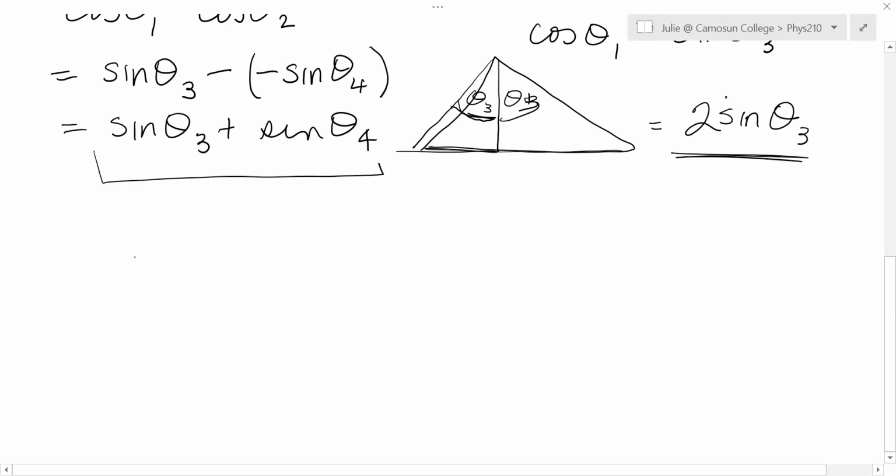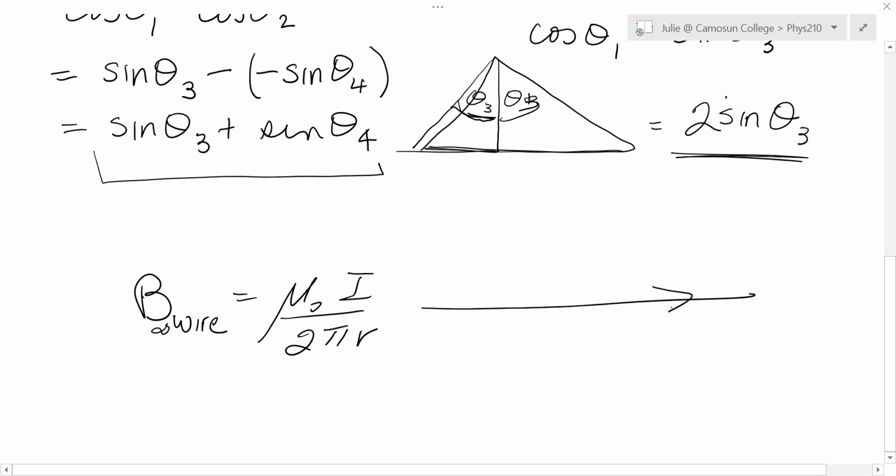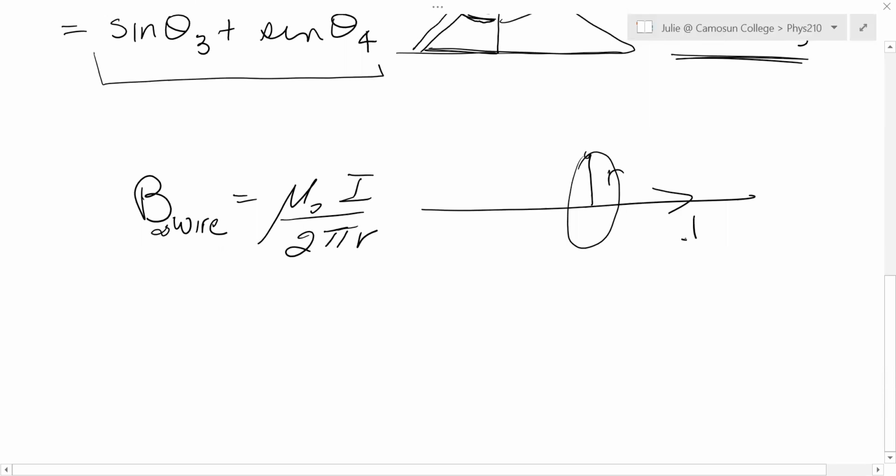If you go to infinity, I think I might have done that in the video, but this next formula is B for a straight wire, and there's a little infinity sign here, mu naught I over 2 pi r. So if the wire is infinitely long and you move a distance r from it, you get these circles, and there's a pi in the formula. Okay, so that's when the current is straight and the magnetic field lines are circles.